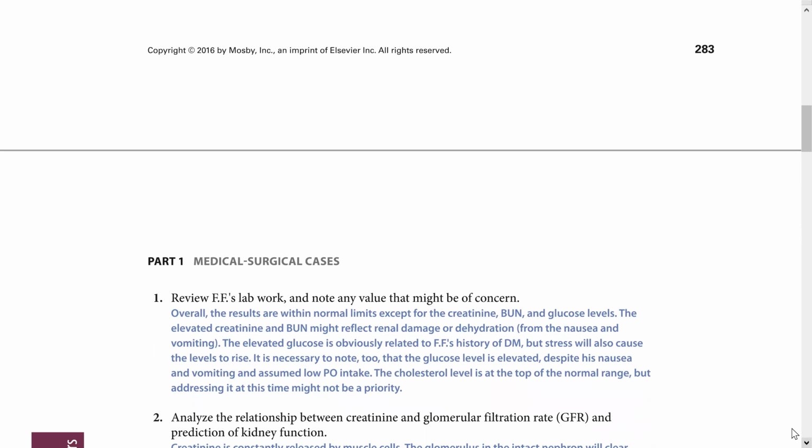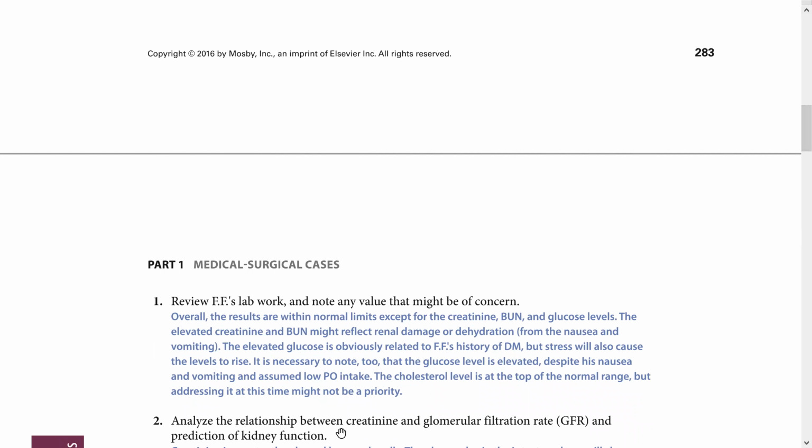All right, so we're going to analyze the relationship between the creatinine and the GFR, which is the glomerular filtration rate, and the prediction of kidney function. So how do they relate?